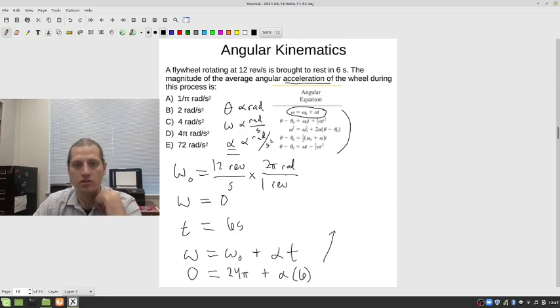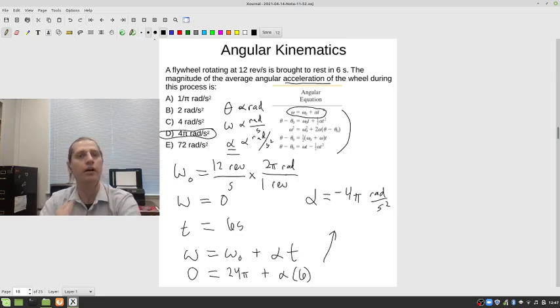Okay, and so you can solve that, and then your alpha would be minus 4 pi radians per second squared. And it asks for the magnitude, so then you don't have to worry about the negative sign. All right, there we go.